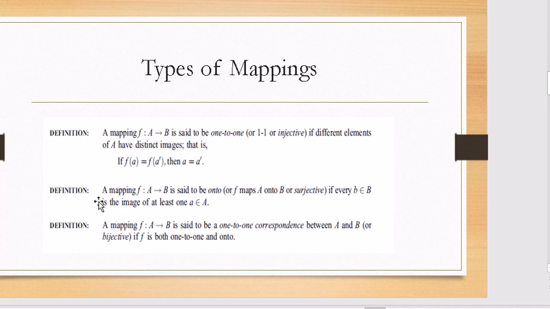Next I will explain the surjective map, also known as an onto map. A mapping f is said to be onto if every b in B is the image of at least one element a of A. Such kinds of functions are called surjective or onto functions.